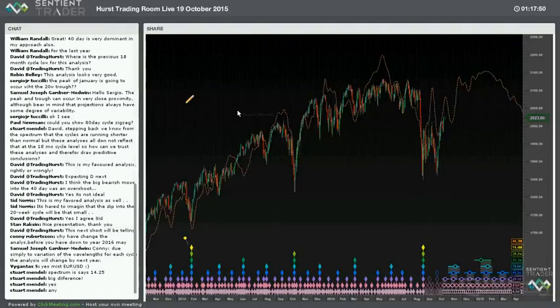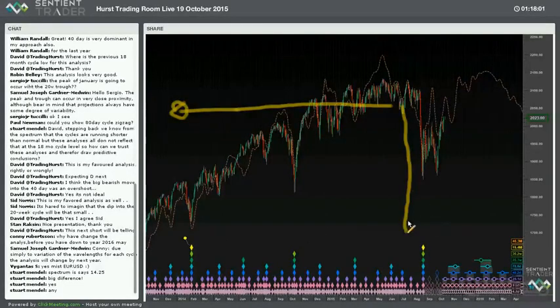So let's say you know from your spectral analysis that following this trough, this 18-month cycle trough over here, your spectral analysis tells you to expect the next 18-month cycle trough to occur early, perhaps. I'm just using a simple example here. But your spectral analysis tells you to expect it early.